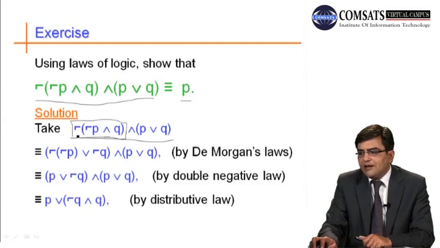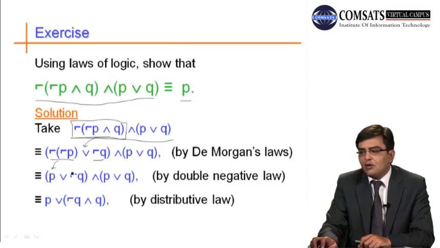If we apply negation on this, we obtain negation of P, which is converted to or, as stated in De Morgan's laws, and Q will be converted to not Q. Here we can apply the double negation law, which states that negation of negation of P is equivalent to P. So negation of negation of P becomes simply P.